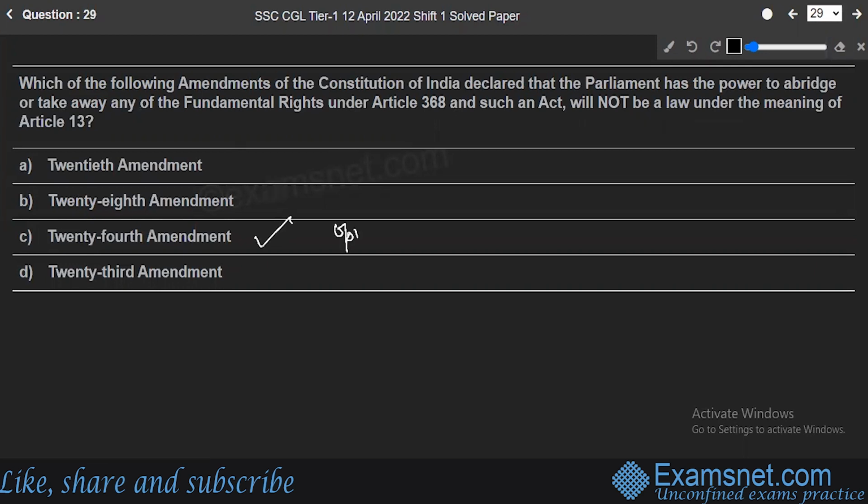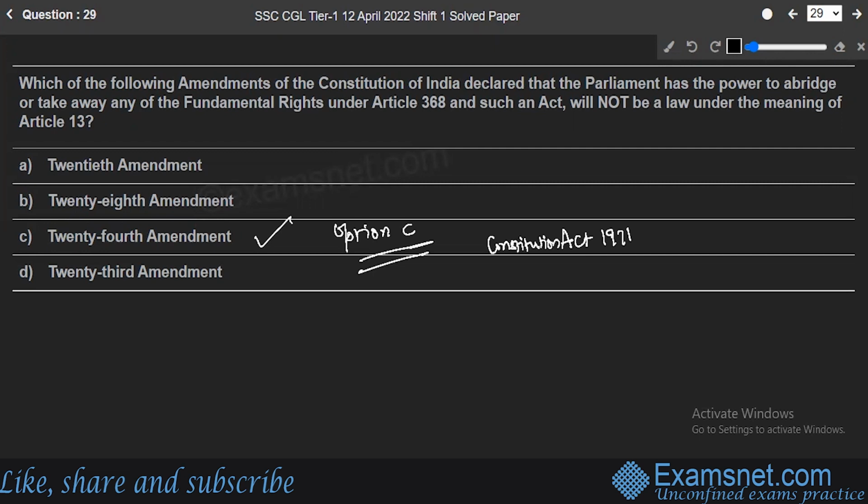Option C. The 24th Amendment of the Constitution of India, officially known as the Constitution (24th Amendment) Act 1971, enables the Parliament to dilute fundamental rights through amendments of the Constitution.